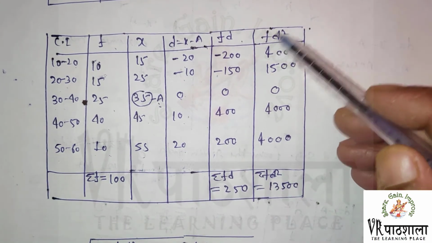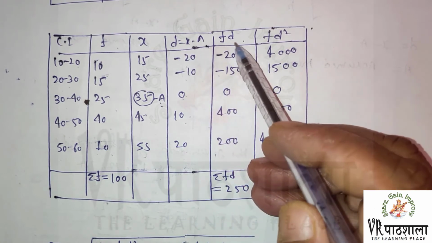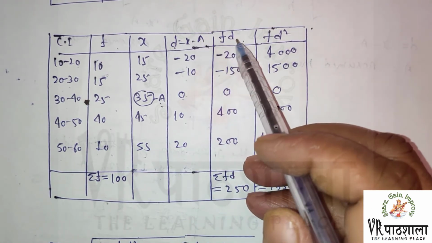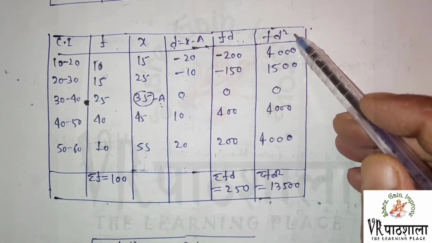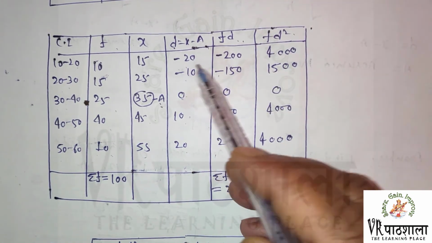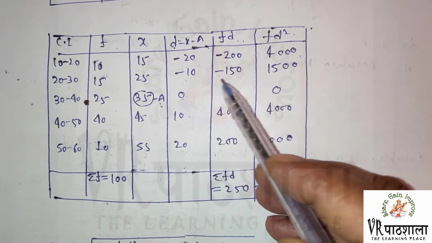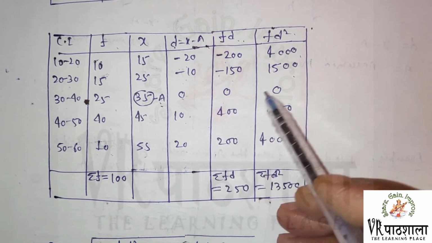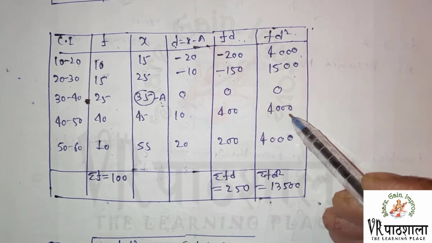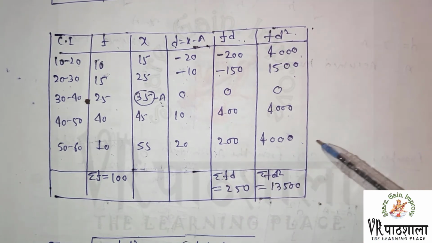Now we need fd square. We have d and fd, so the product of d and fd is fd square. Minus 20 multiplied by minus 200 is 4000, minus 10 multiplied by minus 150 is 1500, 0 into 0 is 0, 10 multiplied by 400 is 4000, 20 into 200 is 4000.